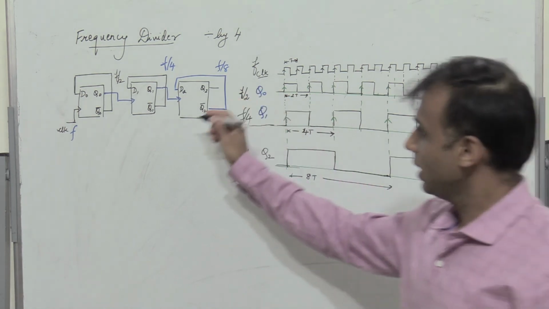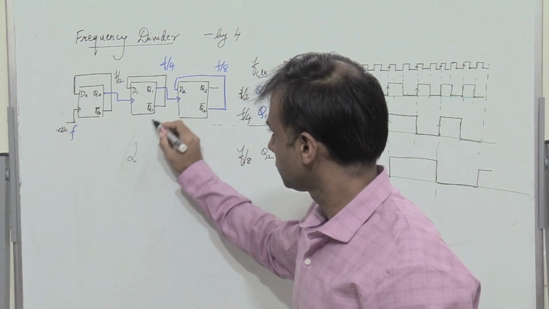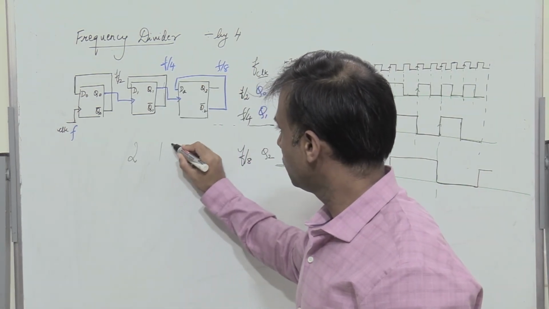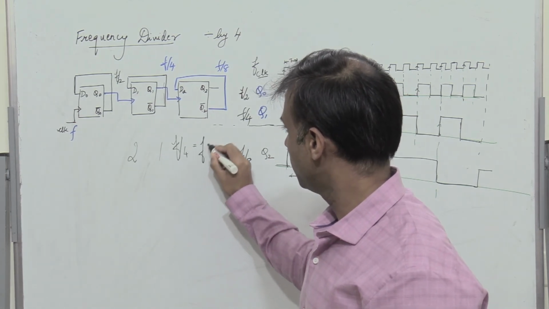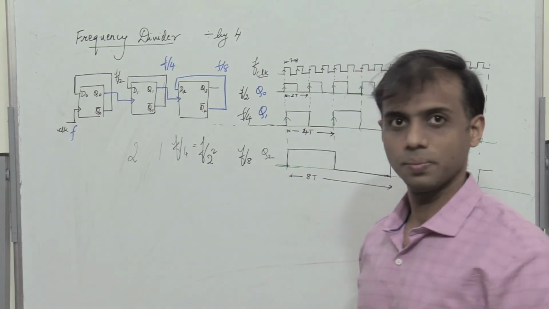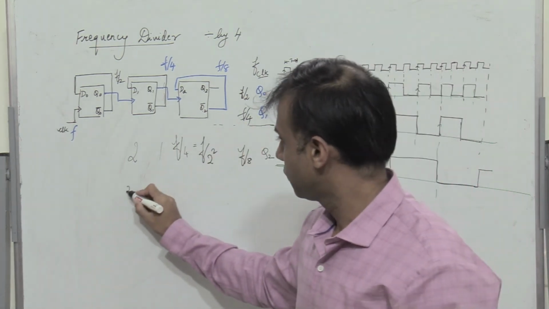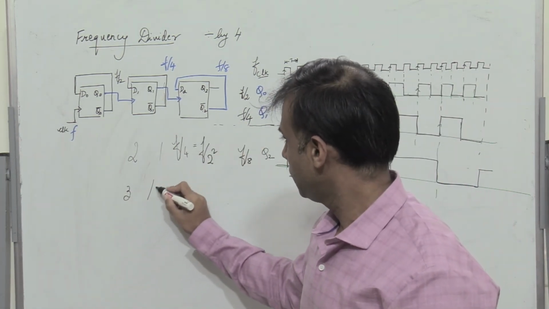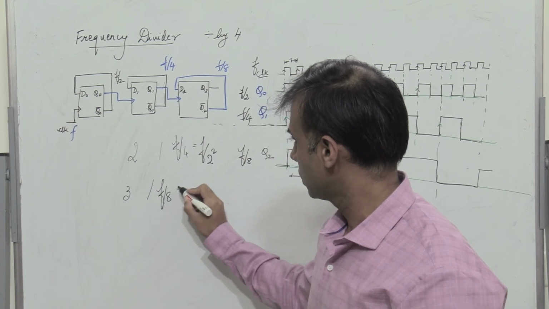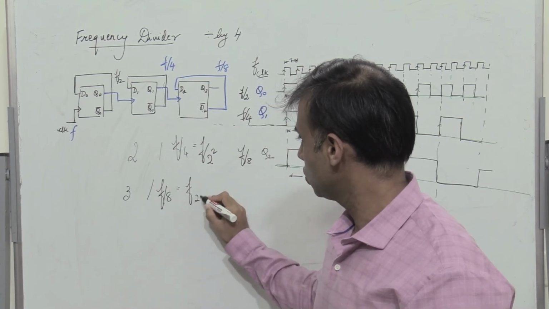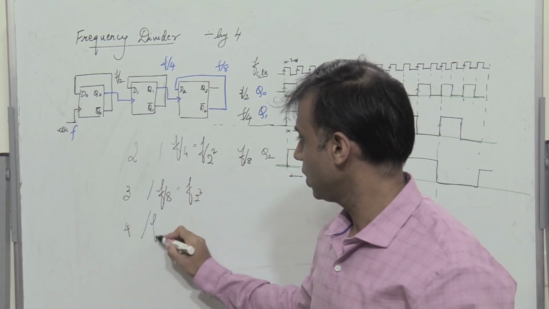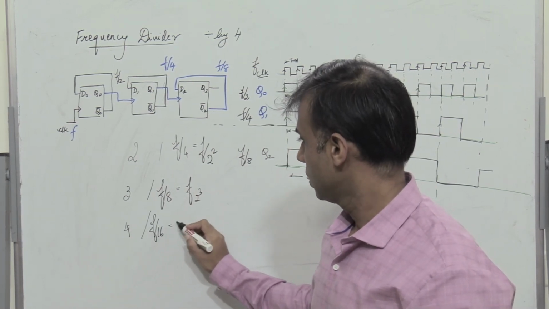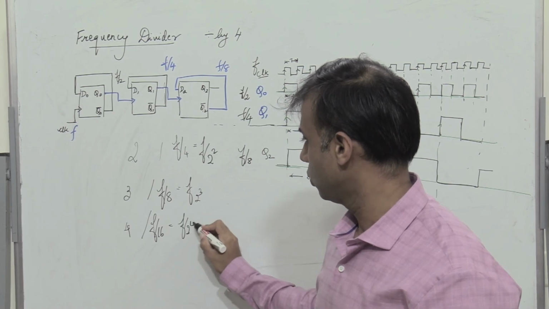Okay? So if I have 2 stages, then the output frequency is f by 4, which is f by 2 square. If I have 3 flip-flops, then the frequency is f by 8, which is f by 2 cube. If I have 4 flip-flops, the frequency is f by 16, which is f by 2 power 4.